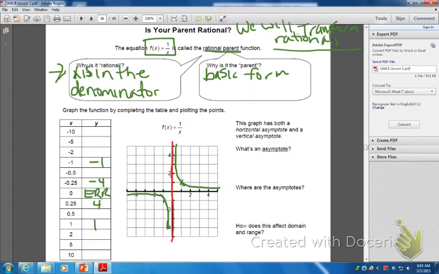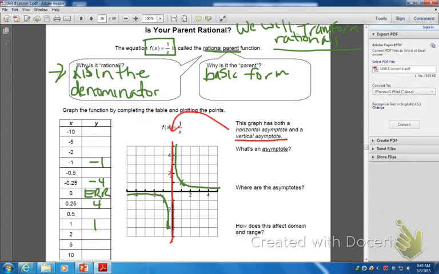Okay. So you see how the hyperbolas got really, really close to that y-axis but did not make it, right? So we consider that one to be our vertical asymptote. That's our vertical asymptote of the parent, right? Now, when we start shifting, it will shift off of that.